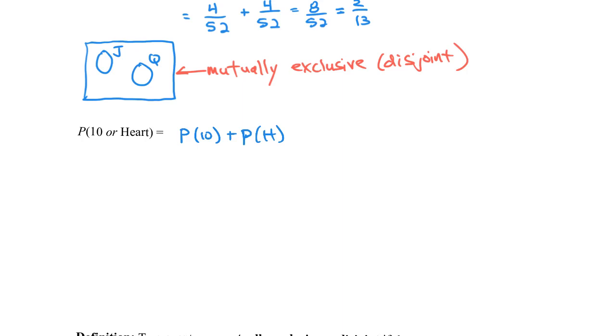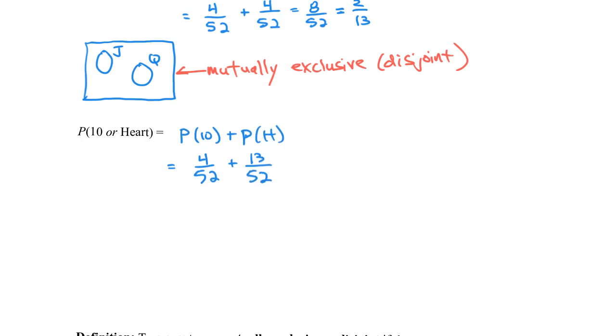Well, again, there's a 10 of clubs, 10 of spades, 10 of hearts, 10 of diamonds, right? So that's going to be 4 out of 52. What about the probability of getting a heart? Well, 1/4 of all the cards are hearts, right? There's 13 hearts in a deck, so that's going to be plus 13 out of 52.